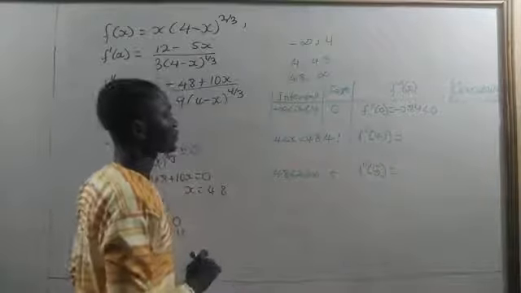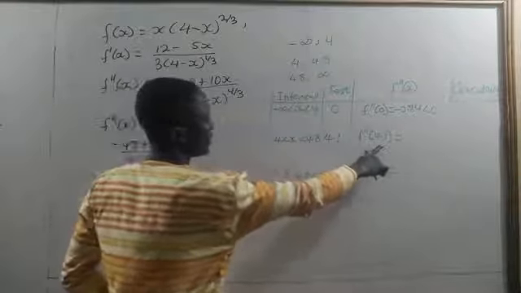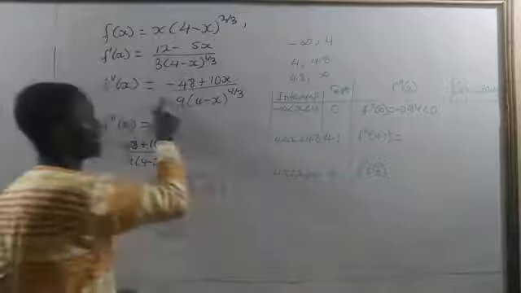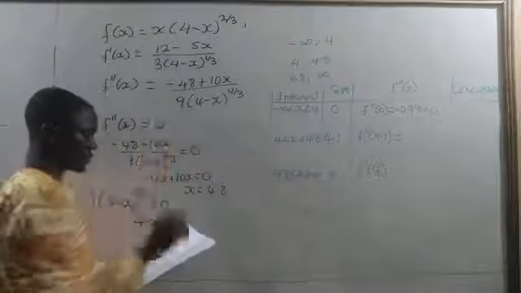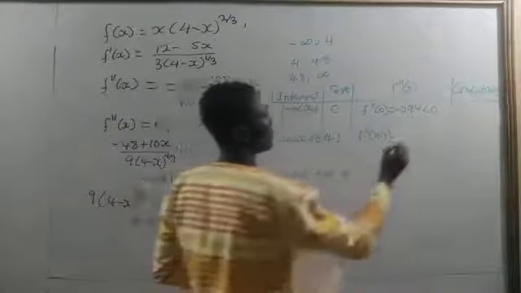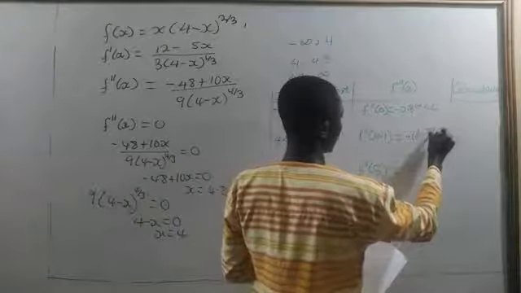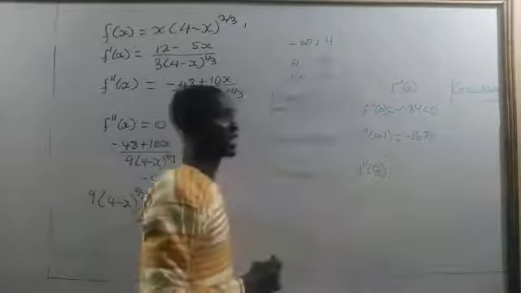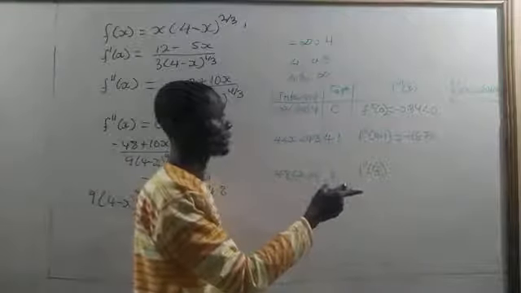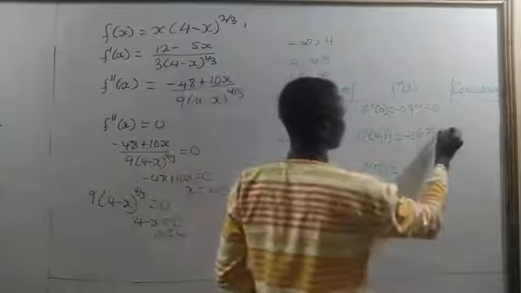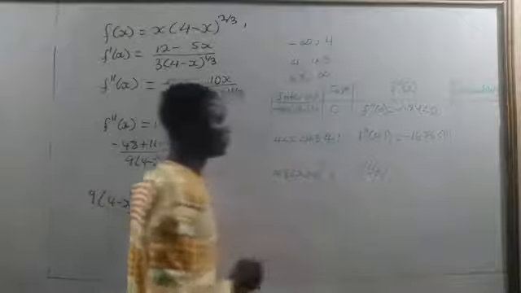Now, if we put in 4.1 into the second derivative, we are going to get minus 16.76 to 4 significant figures, or to 2 decimal places. And this one too is less than 0.